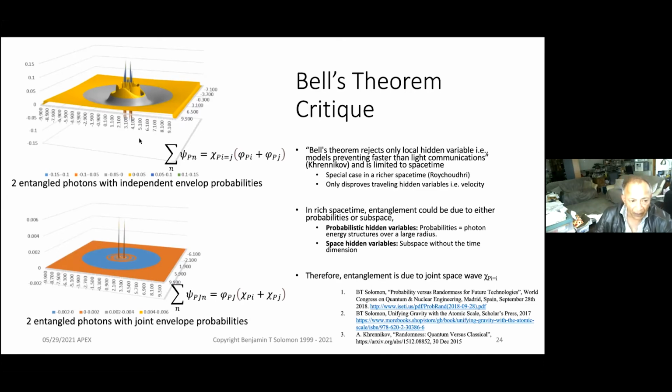And therefore, when we look at all our diffraction patterns, they're closer to the figure at the top. They do not look anything like the figure at the bottom. So we know that entanglement is due to the space wave. That's that wavy flat panel that has amplitude and frequency modulation.